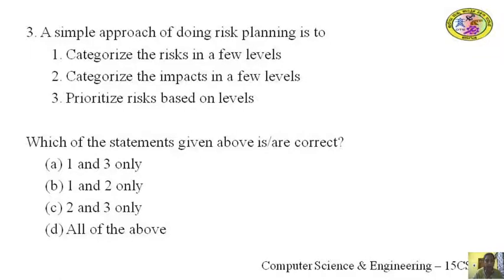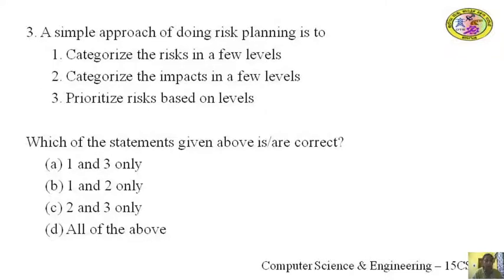A simple approach of doing risk planning is to 1. Categorize the risks in a few levels. 2. Categorize the impacts in a few levels. 3. Prioritize risks based on levels.